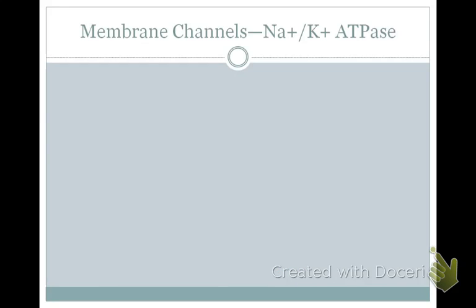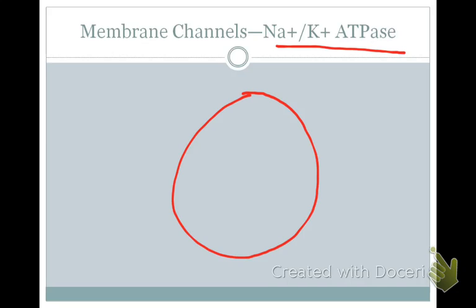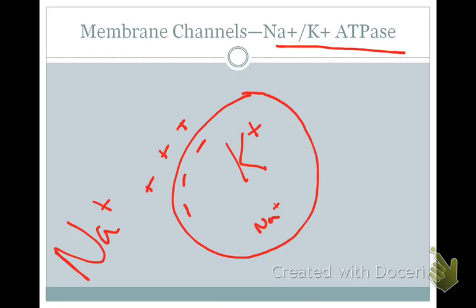As we just finished discussing, ions need channels to move across the cell membrane. In the next few slides, we're going to be talking about a few of these important channels. The first is the sodium-potassium ATPase, which is actually a pump. As you remember from physiology, inside of the cell is relatively more negative than outside the cell, and there's relatively more sodium outside the cell than inside, and relatively more potassium inside than outside.